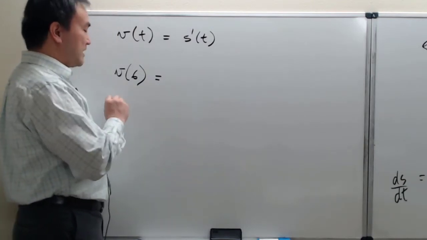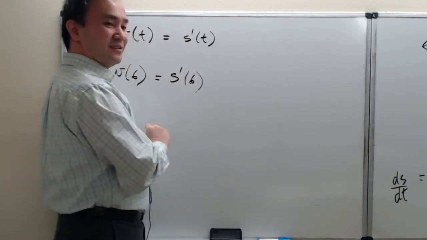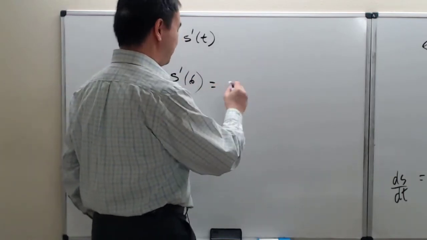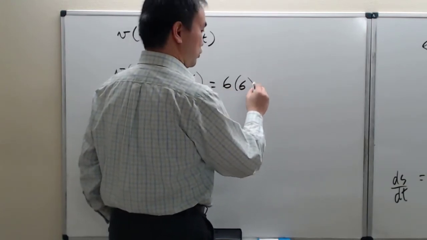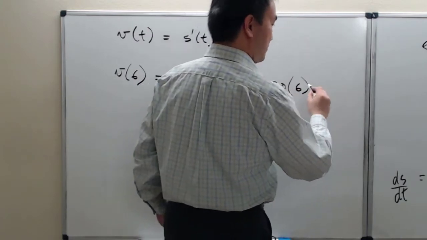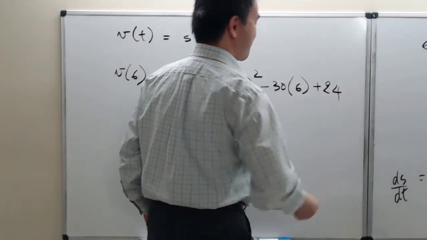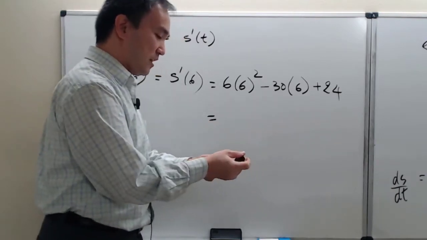And so v at 6 is the same as s prime at 6. Okay, and that means we are calculating 6 times 6 squared minus 30 times 6 plus 24. Give me a couple minutes here so that I can step over and do my calculation.